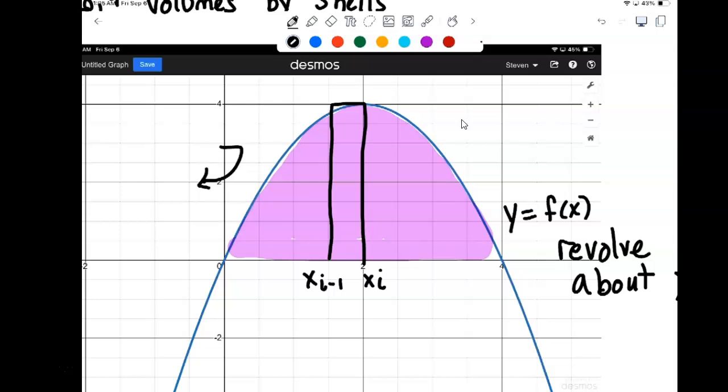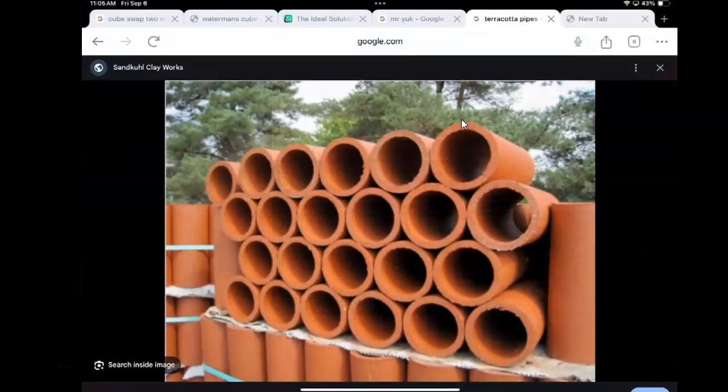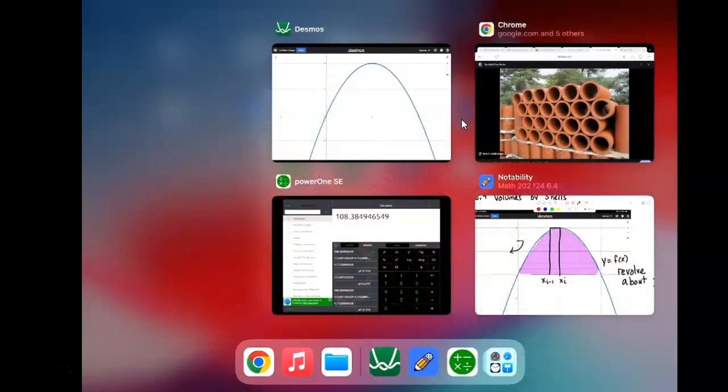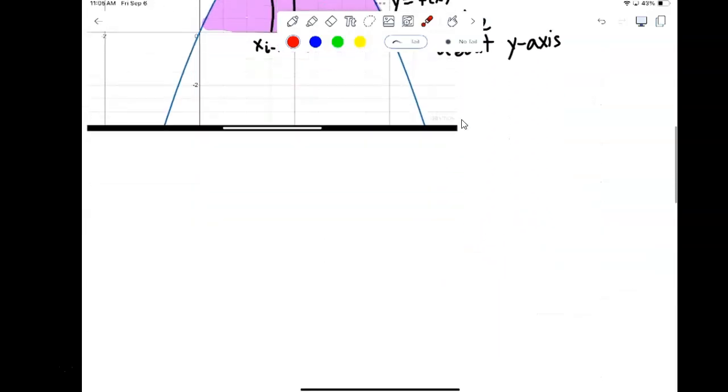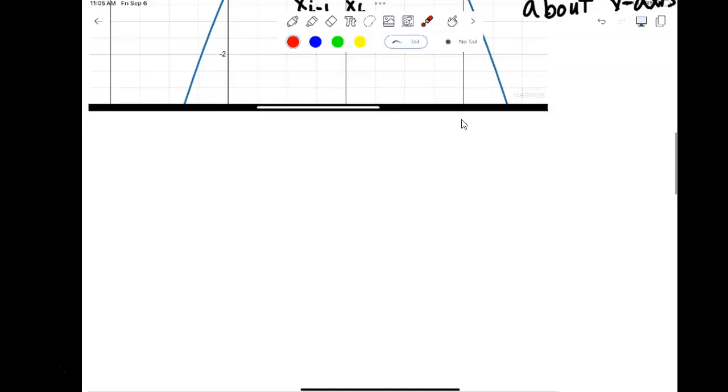You're going to have the inner part of your pipe and then the outer part. And the actual volume that we're worried about is the volume of the clay in the pipe here. That's what we're actually going to be looking at. So when we do this, we're going to generate a shape that looks like this. And again, apologies, my drawings aren't always the best looking.